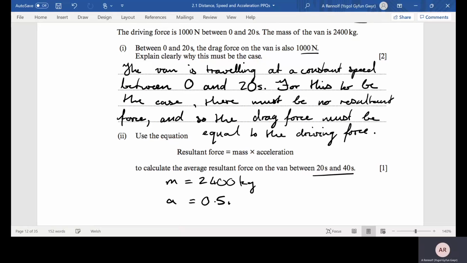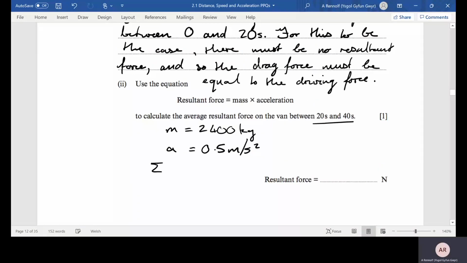And that value is 0.5 meters per second squared. And so the resultant force, MA, equals 2,400 times 0.5, which is 1,200 newtons. So that's our answer to part 2, 1,200 newtons.